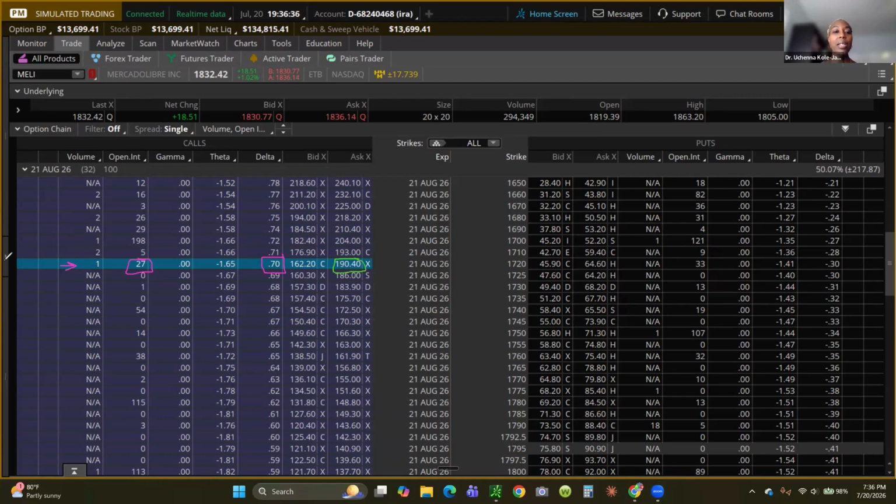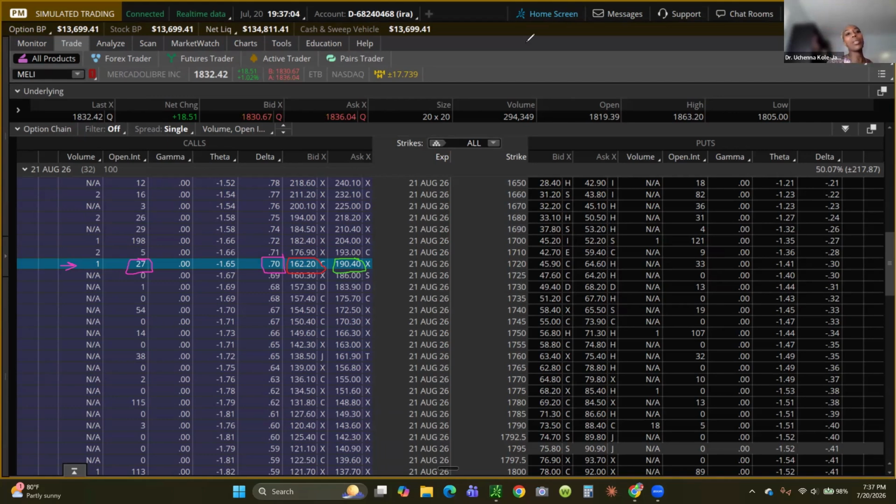So if I get into this contract, I have to spend $19,000. If I want to immediately get out and sell it back, I only can sell it for about $16,000. I'm immediately losing money on this option contract. That's why it's so important to have a tight bid ask spread.